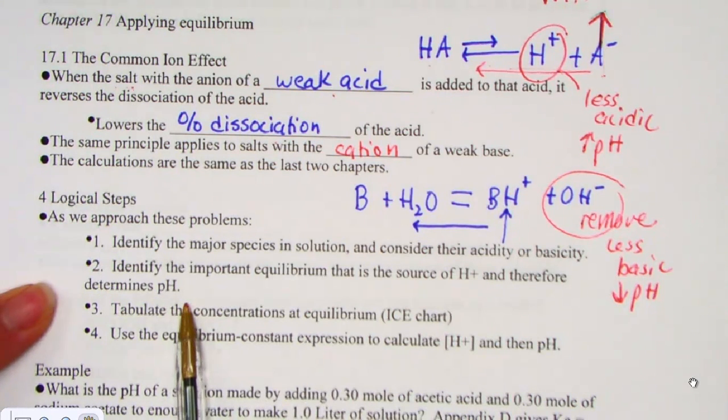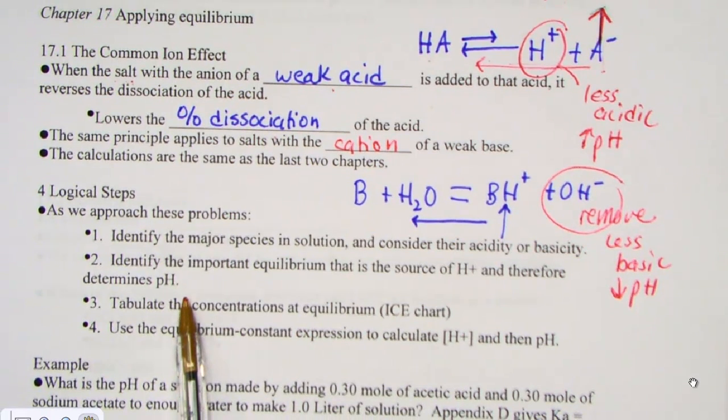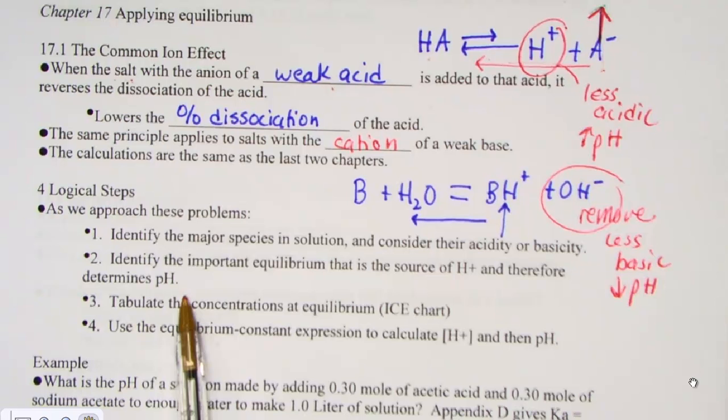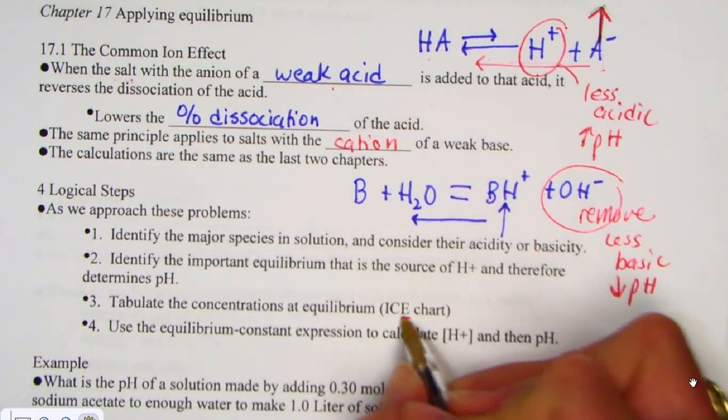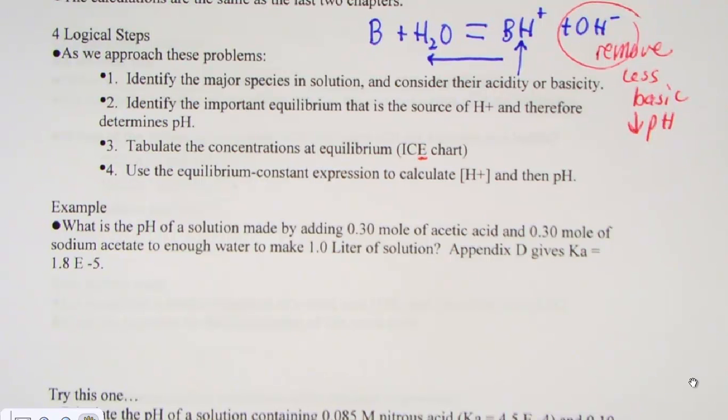They determine pH. If we're studying Kb chemistry, we're going to be determining hydroxide ions because it will determine pH of a solution. And we just simply tabulate the ice chart, knowing that it's the E row that's of interest to a chemist, the E row giving us the equilibrium values when we go to calculate the equilibrium constant.